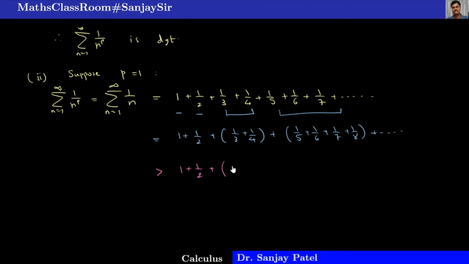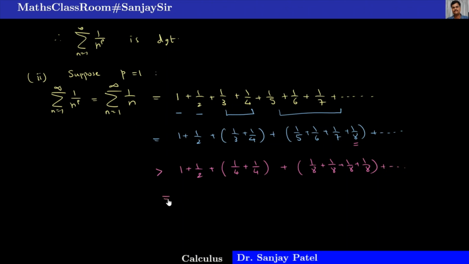So this sum 1 by 3 plus 1 by 4 is greater than 1 by 4 plus 1 by 4. Then in these four numbers, the smallest is 1 upon 8, so I am replacing all numbers by 1 upon 8. The new sum, 1 upon 8 taken 4 times, is less than the original sum, and so on.